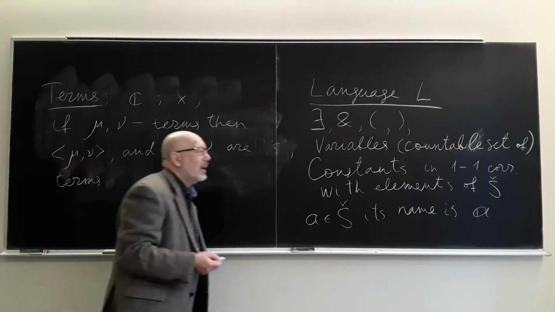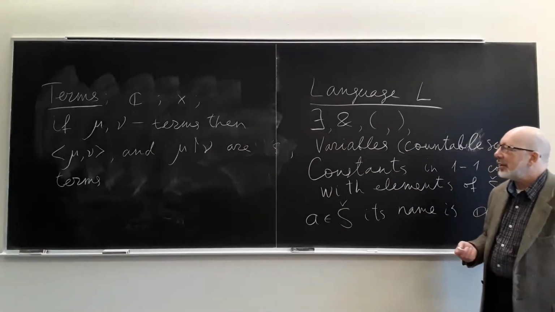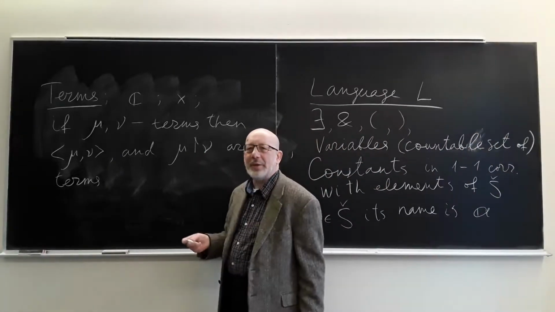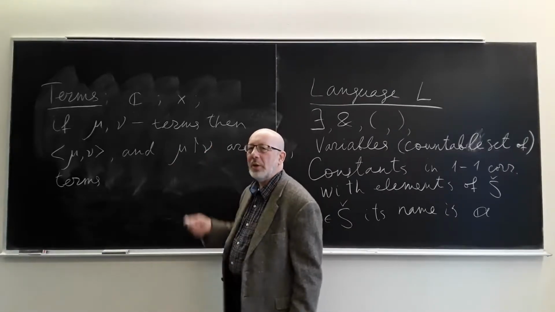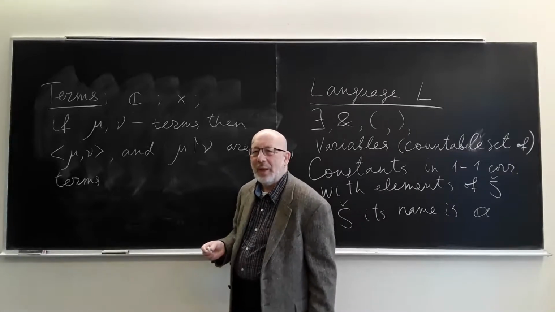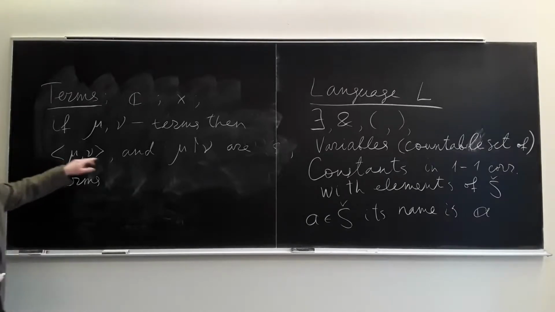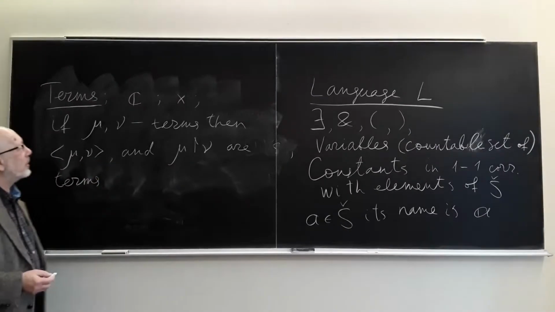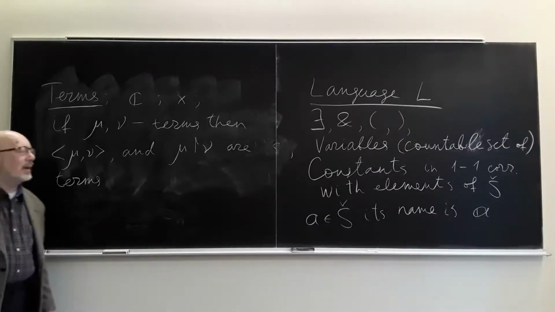If mu is such a relation that there is no such pair, then it is the empty set, no result. If there is more than one, it is also the empty set. So these are terms, and using these operations with terms, we can compose further and further and make arbitrarily long terms.